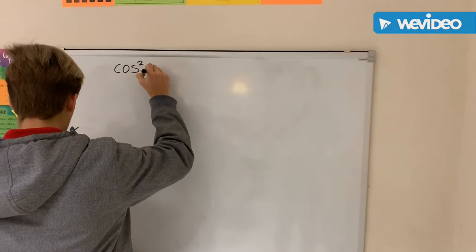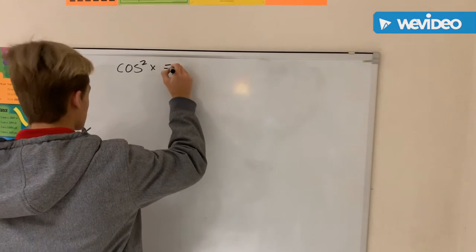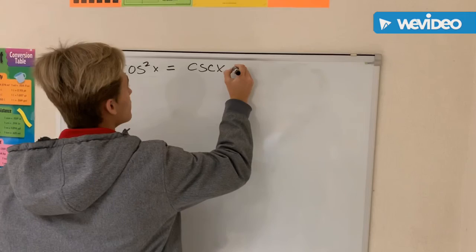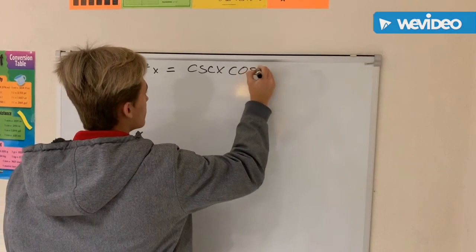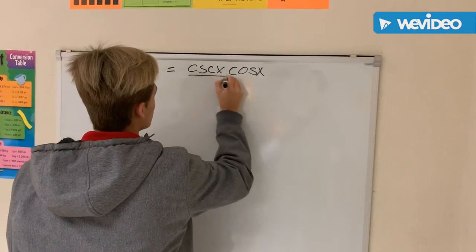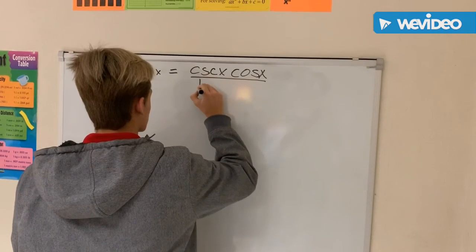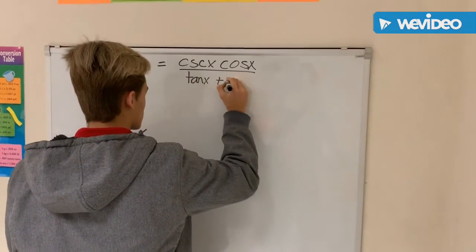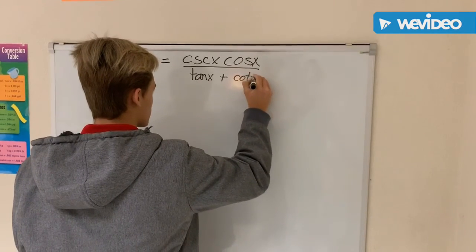So for our next problem, we are going to be doing cosine squared x equals cosecant x times cosine x divided by tangent x plus cotangent x.